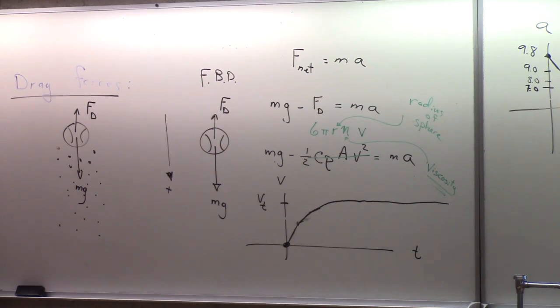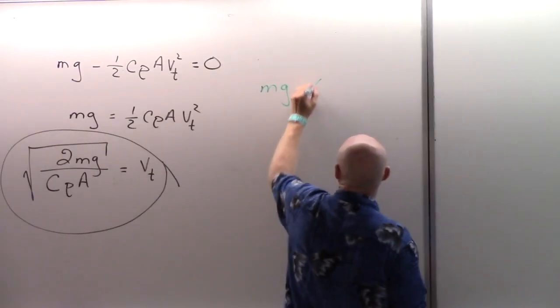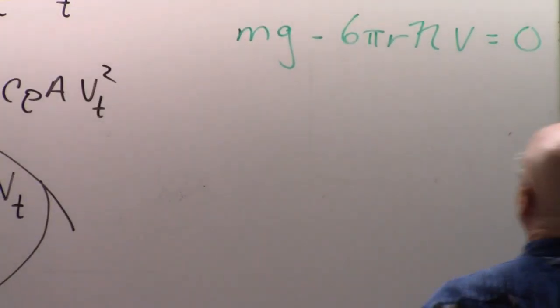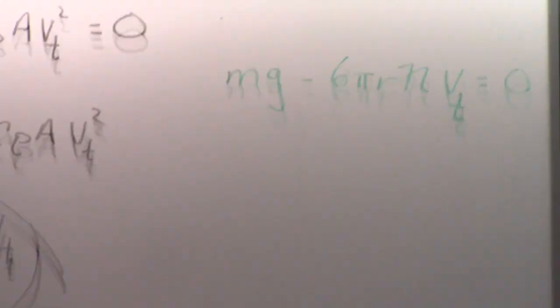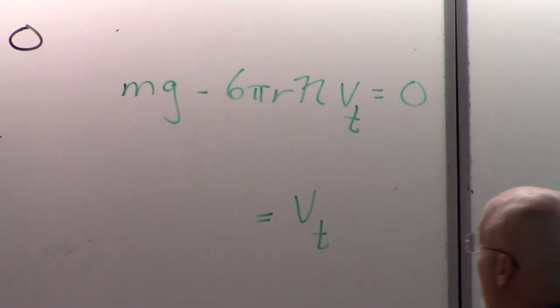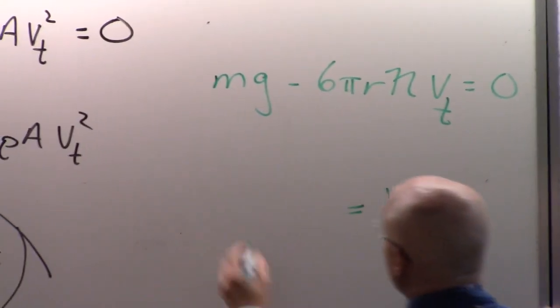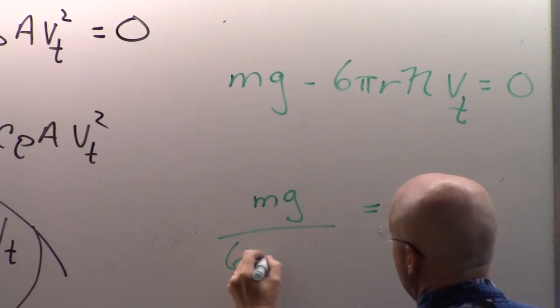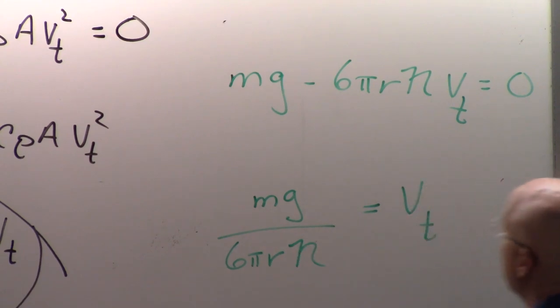And when that happens, you're going to have mg minus 6 pi r eta v equals 0. And that's what we call the terminal speed. If you solve this for terminal speed, you would get mg over 6 pi radius eta, moving it to the other side and then dividing.